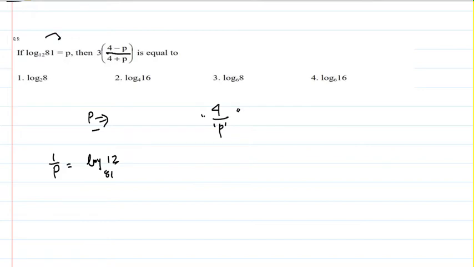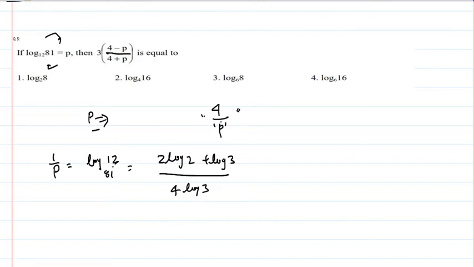When you invert these values, the logarithm inverts. This I can further write as 2 square into 3 and this is 3 to the power 4. So I can write this as 2 log 2 plus log of 3 divided by 4 log 3.